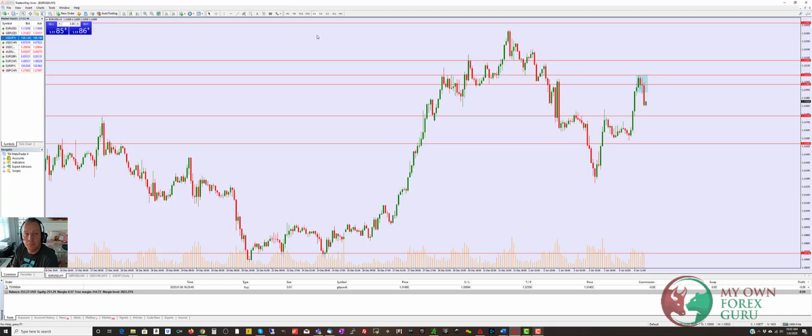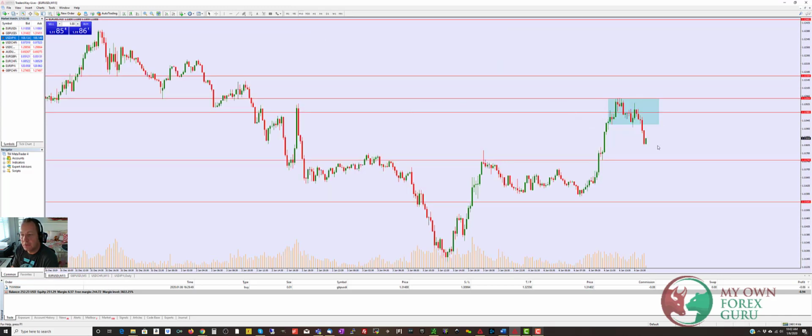If I see something here, we see the Euro USD coming back up. If I see a kiss, meaning it comes back up, touches here, or this line here at 11,910, I will take another short and take it down 16 pips. Once it hits down to 16 pips, I'll expect it to drop another 20 from there.